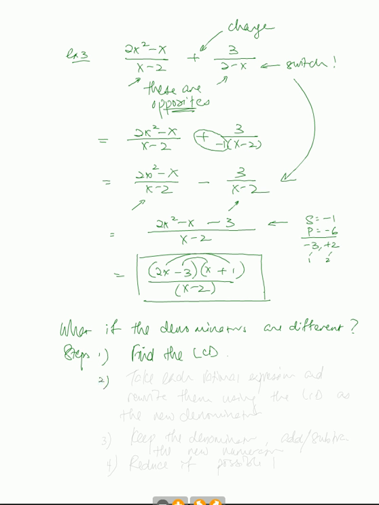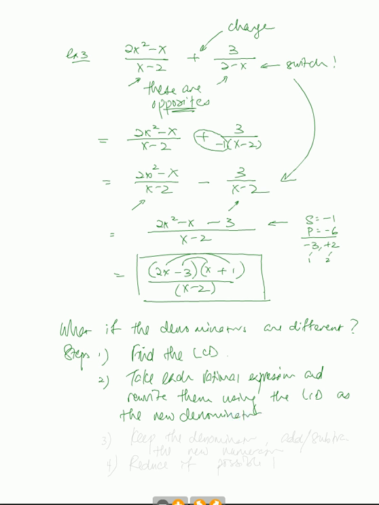And then what you need to do is take each fraction and rewrite. So take each rational expression and rewrite them using the LCD as the new denominator.